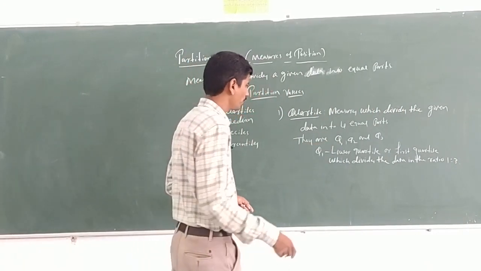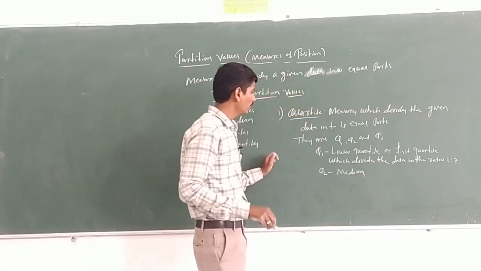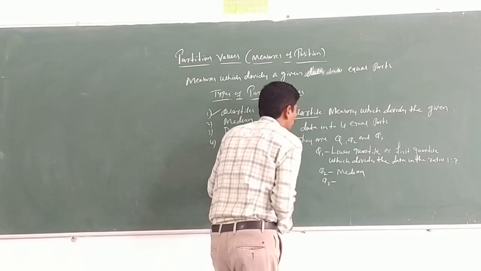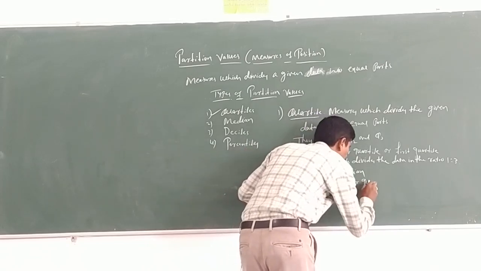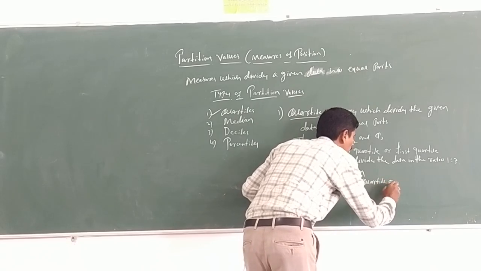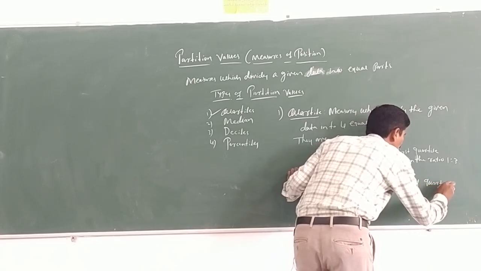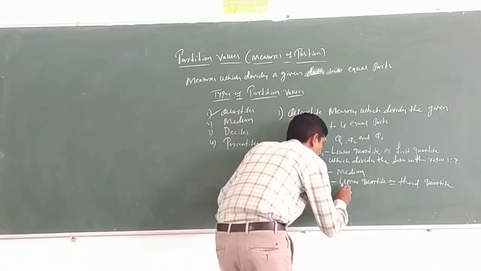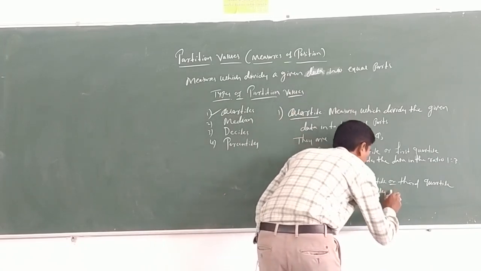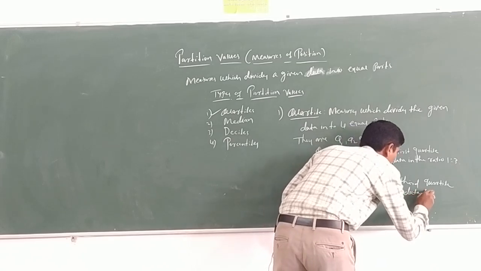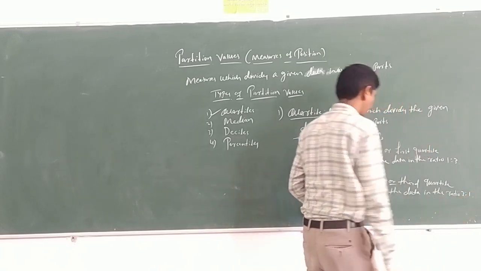Q2 is the median, that is the middle. Q3 is the upper quartile or third quartile, which divides the data in the ratio 3:1.